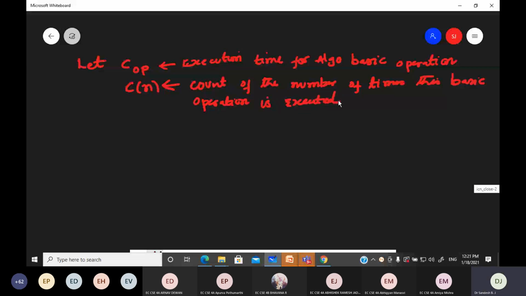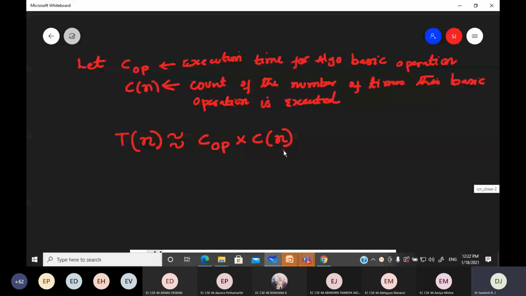Then we can say the time taken by your algorithm for input size n is approximately equal to the time taken for a basic operation times the number of times this basic operation is executed. Note that the count Cn does not contain any information about operations that are not basic, and in fact the count itself is often computed approximately.